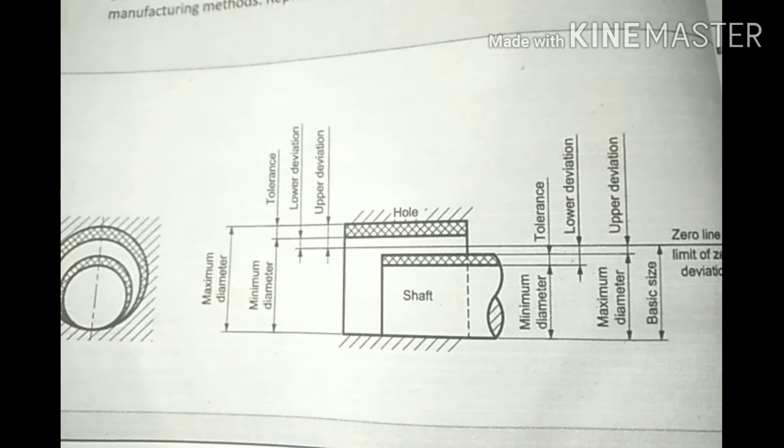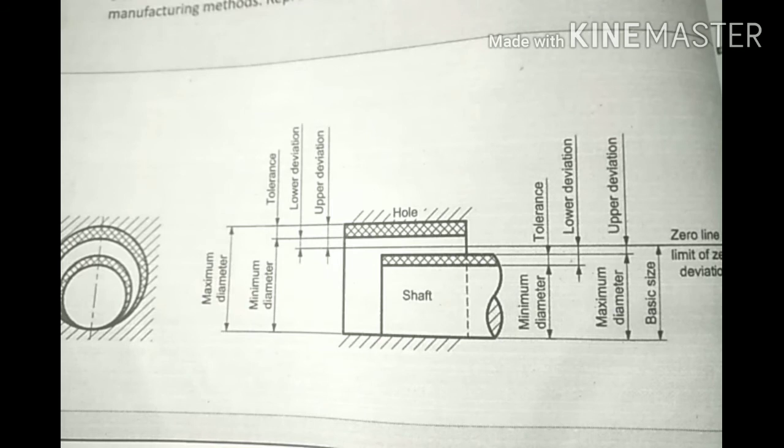So in industry, whatever the part is to be manufactured, first the part is to be designed, then a drawing is prepared, mentioning all dimensions, mentioning tolerances. What is tolerances, that we will see further, surface finish, machining symbols, etc. So this drawing containing all these things is called production drawing.